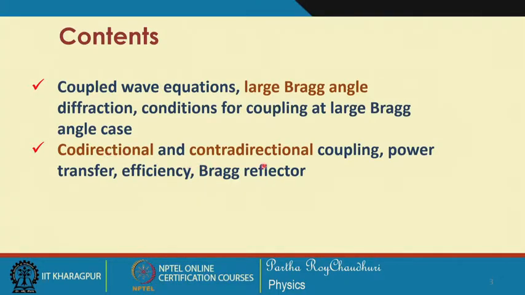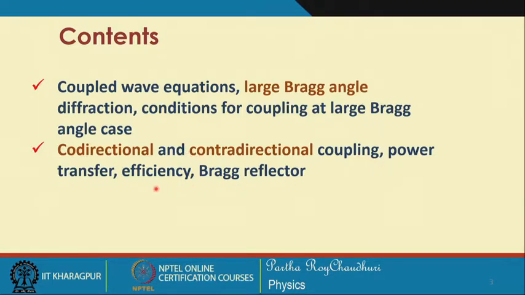In this case also, that is for large Bragg angle diffraction, we will have co-directional and contra-directional coupling, that is, the coupling may take place along the direction of the incident beam or opposite to the direction of the incident optical beam.